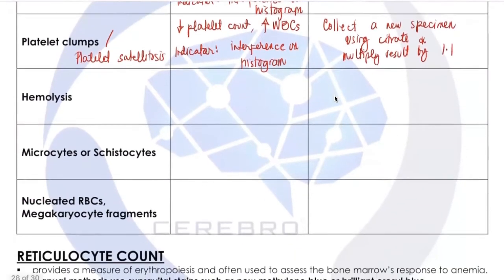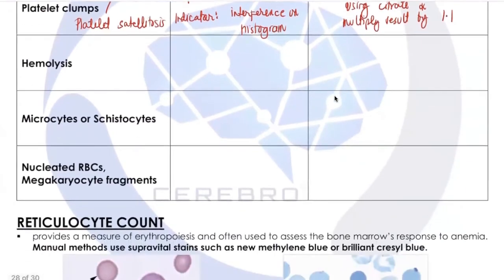Next up, we have presence of hemolysis. Of course, when the red blood cells are already lysed, they are not counted as red blood cells anymore because they are destroyed. So the RBC count will be decreased, and your hematocrit is increased.